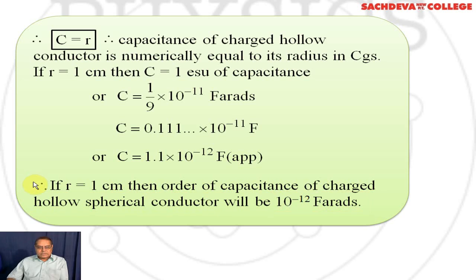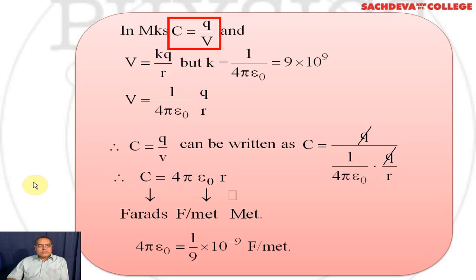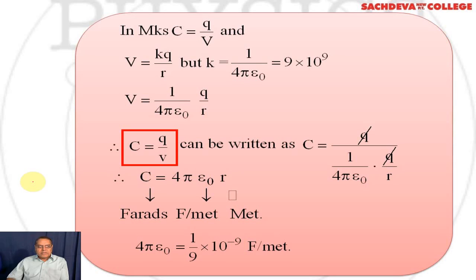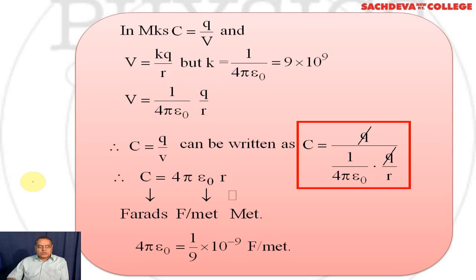In MKS, C is Q over V, V is KQ over R, but K is equal to 1 over 4 pi epsilon naught, that is 9 into 10 to the power 9. So, in the formula of V, K is replaced by 1 over 4 pi epsilon naught multiplied by Q over R. C is Q over V, and this can be written as C is equal to Q divided by 1 over 4 pi epsilon naught multiplied by Q over R. We will cancel off Q, and 4 pi epsilon naught into R can be taken in the numerator.